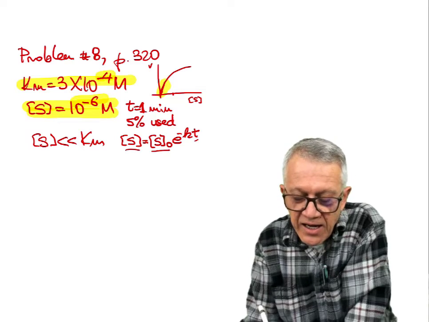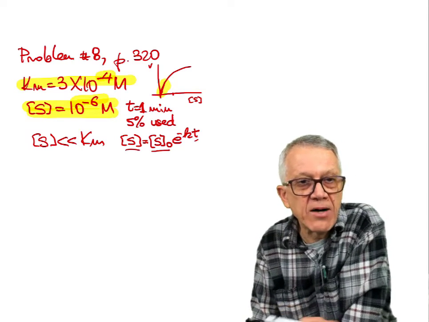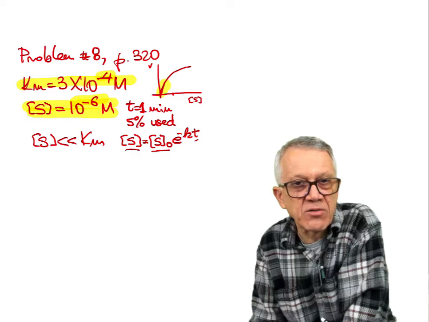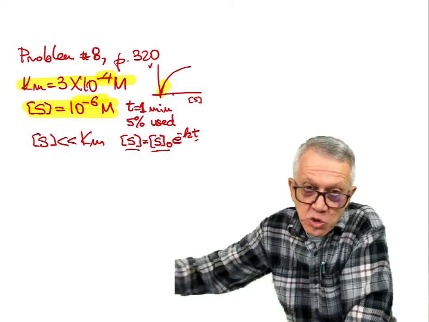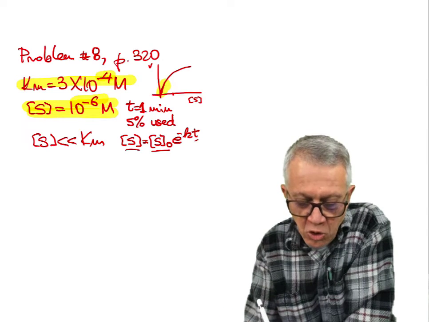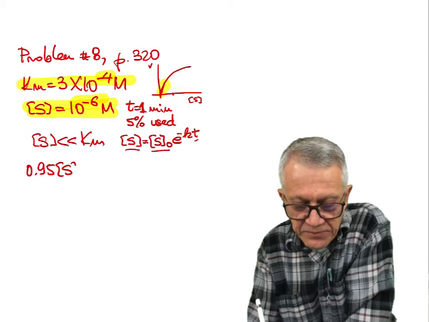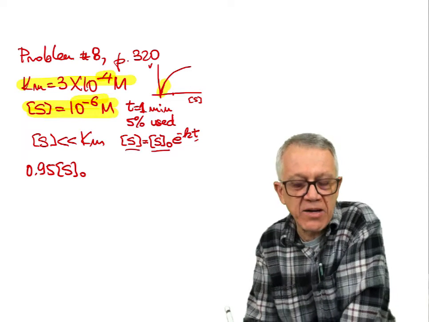After 5% was consumed, what's the amount of substrate at that particular time? 5% was consumed, so we only have 95%, or 0.95 S0. We don't even need to plug in the S0.